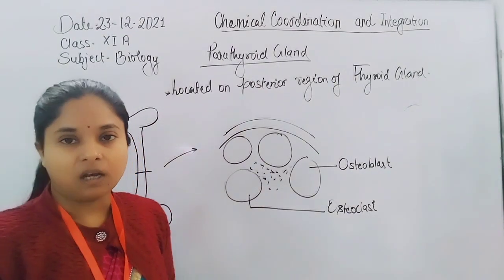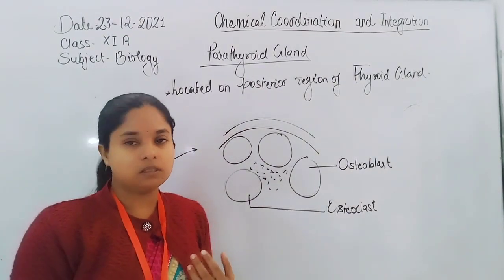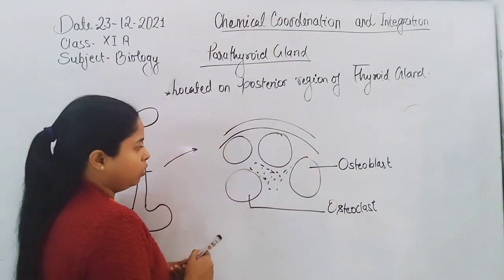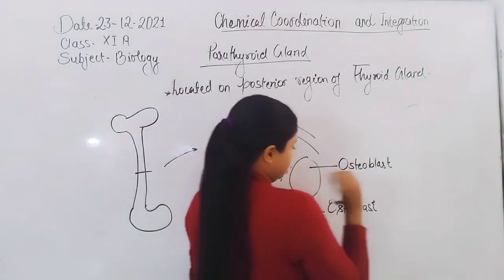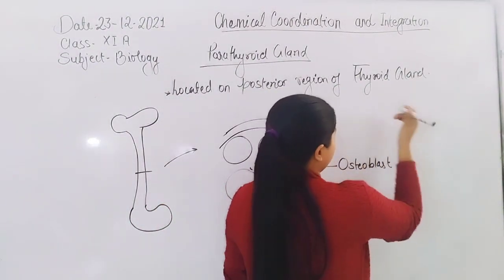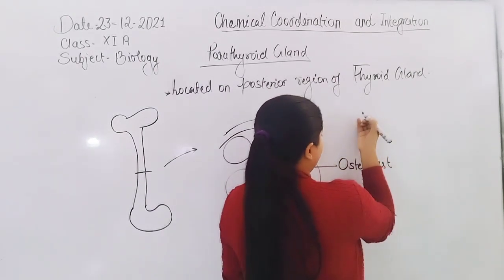Osteoblast and osteoclast, two types of cells are present in bone, and they help in the calcium ion homeostasis. How? There are two kinds of hormone.